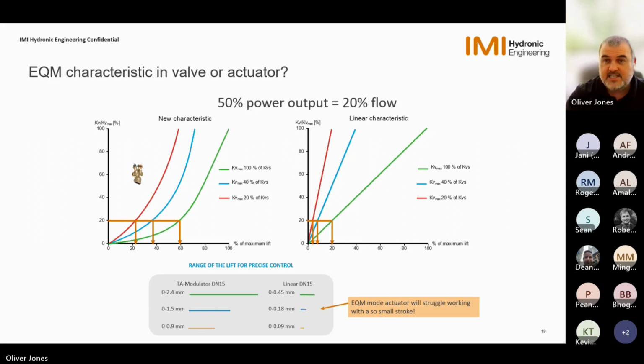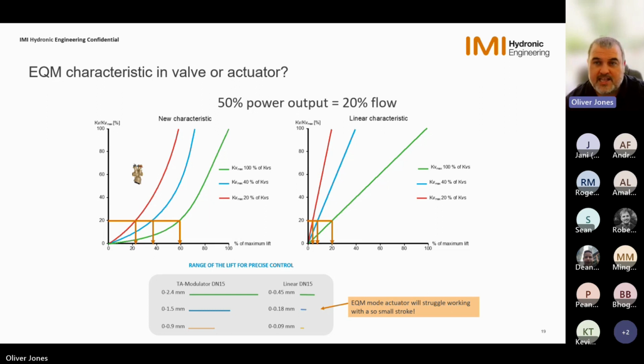So setting that valve down to 20% of the flow, our maximum stroke available is still 2.4 millimeters. If we then compare that to 20% of the flow through a linear valve, which is only now at 20% of the lift, we only actually have 0 to 0.45 millimeters of stroke available, which is quite small.